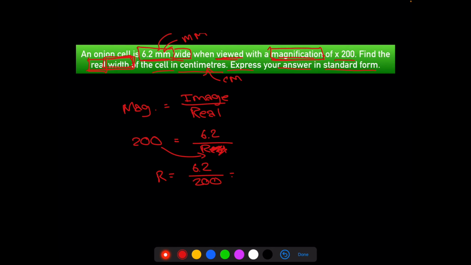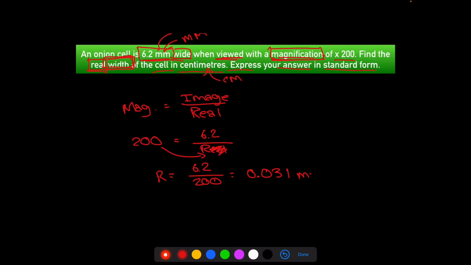That's completely allowed. But what you can do here, obviously, is just divide by 2. What I would do in my brain is divide by 2 and then divide by 100. So you would say 3.1, and then you would divide that by 100. So what does that give you? 0.031, right? Because 6.2 divided by 200 is 0.031.